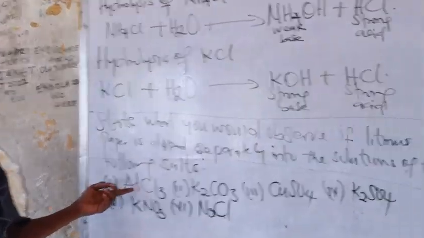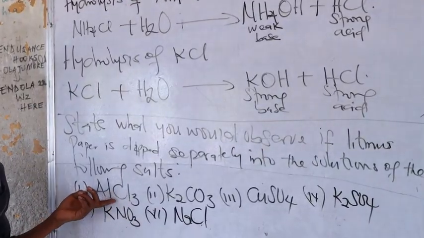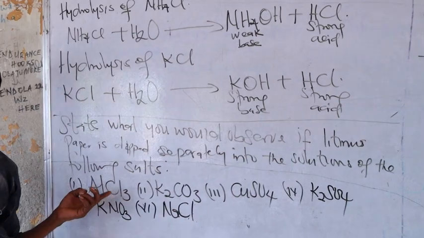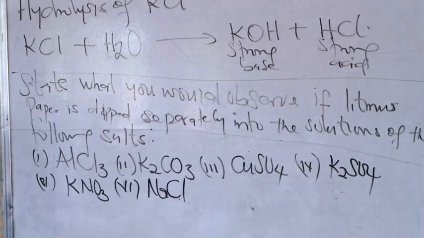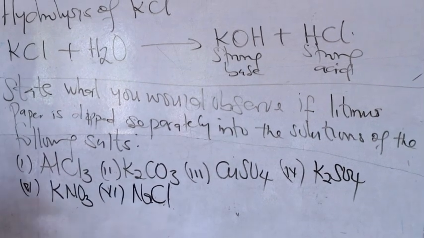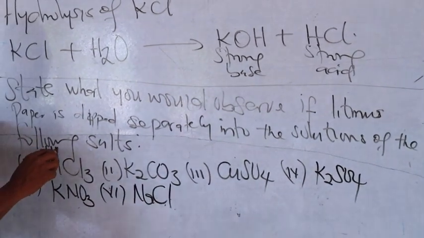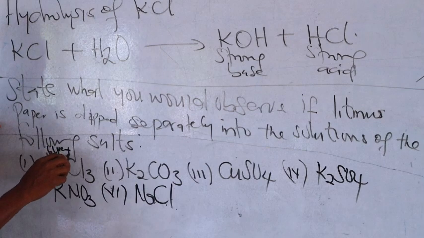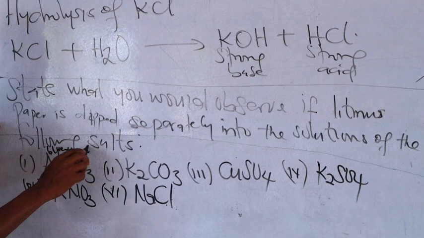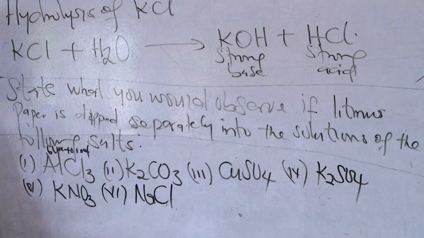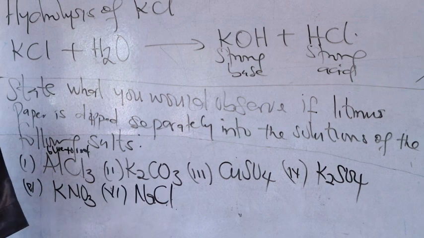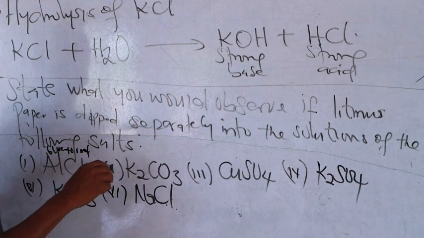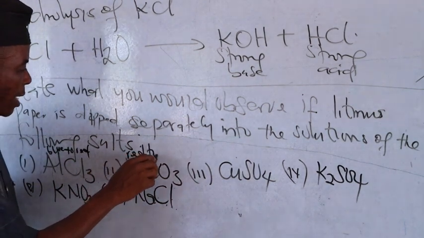In the solution, what happened to the solution of this salt when you add litmus paper to it? One: blue to red. Let me write it there. Blue to red. What happened to the litmus paper when you dip it inside the solution of K2CO3? Red to blue. We are going to look at it together.